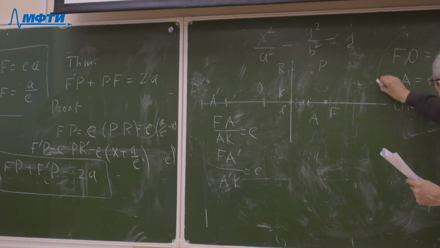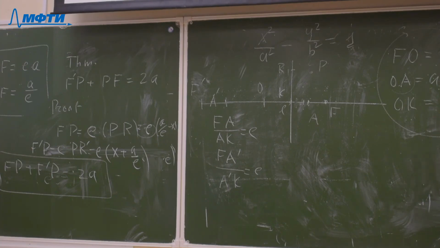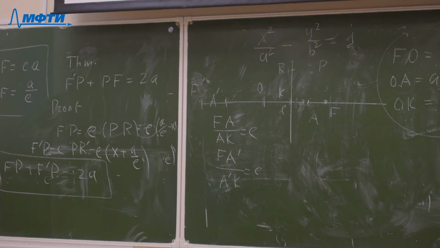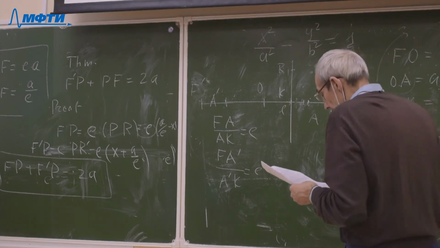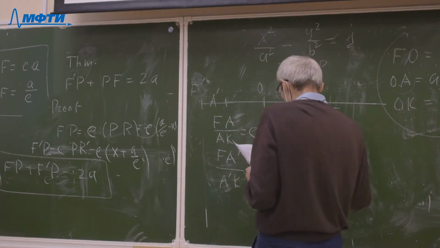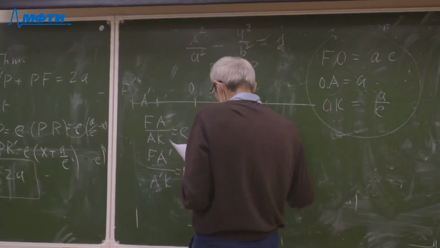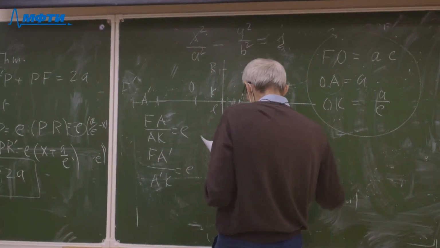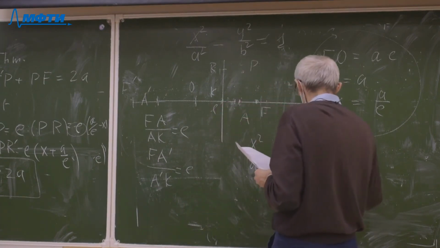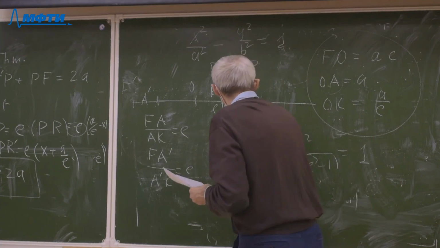We obtain the same values for the main parameters of the hyperbola, and after the same calculation we obtain the same formula: x squared over a squared minus y squared over a squared times e squared minus 1 is equal to 1.